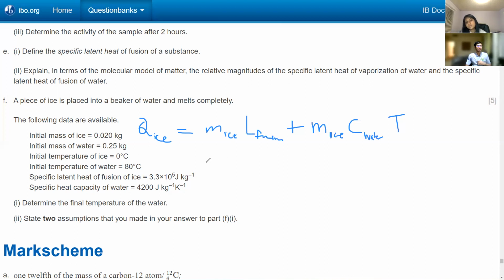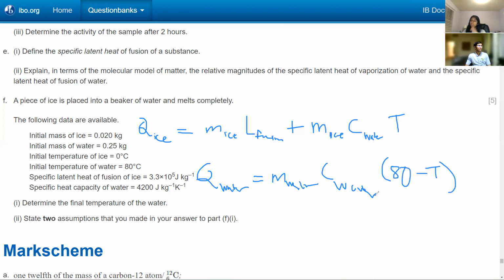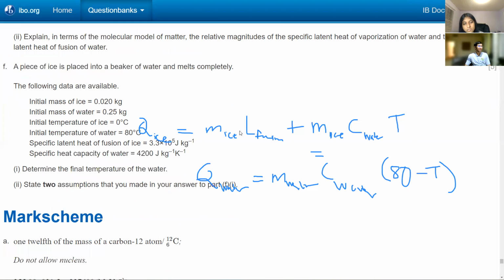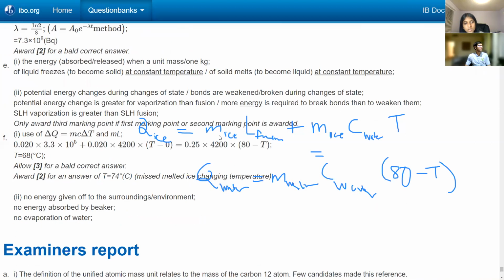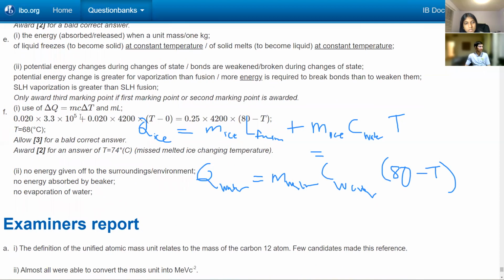Then that has to equal Q water, which is M water, C water, and then 80 minus T. Then you just solve for T. We're not going to do this math right now, it's just too many numbers and we're going to waste time. That times that times that, exactly what we do.